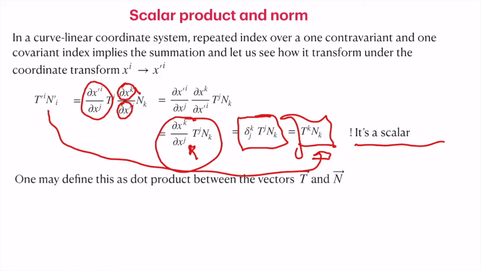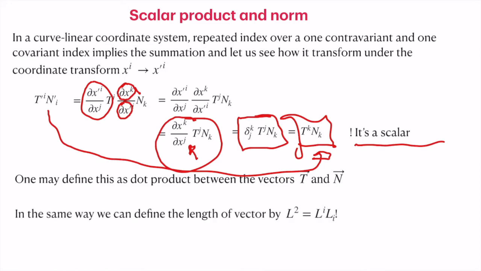We may define the dot product between the two vectors, contravariant and covariant, that is t and n, by simply doing the product, and that is what we call the length of the vector, or L squared, which is simply defined as L^i times L_i. So this basically defines a dot product.